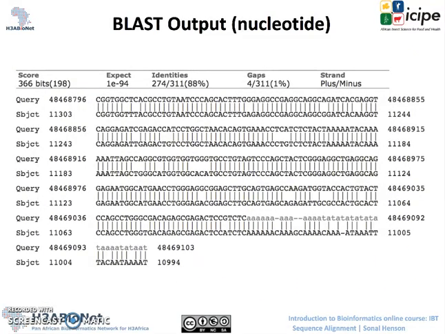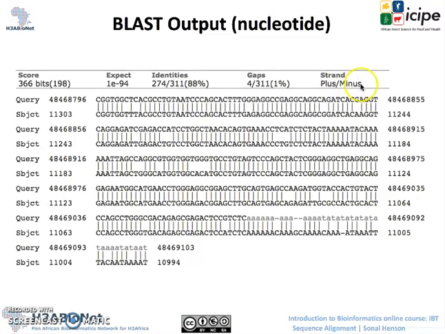In the case of a nucleotide-nucleotide search, you'd get an alignment output like this. The vertical lines between the query and the subject indicate an identical nucleotide match. A space indicates a mismatch. In this output, you'll notice that there isn't a positives count here, just a percentage identity count, and that there is a strand description of the alignment.